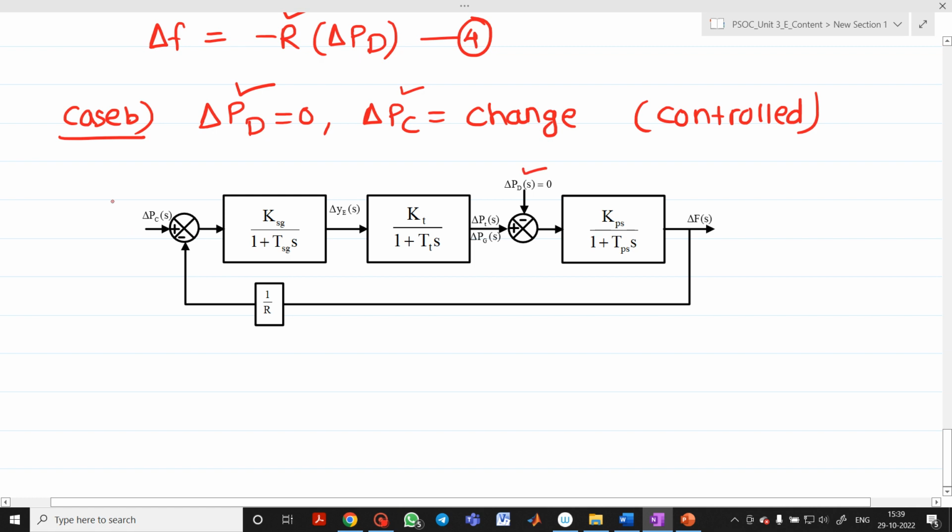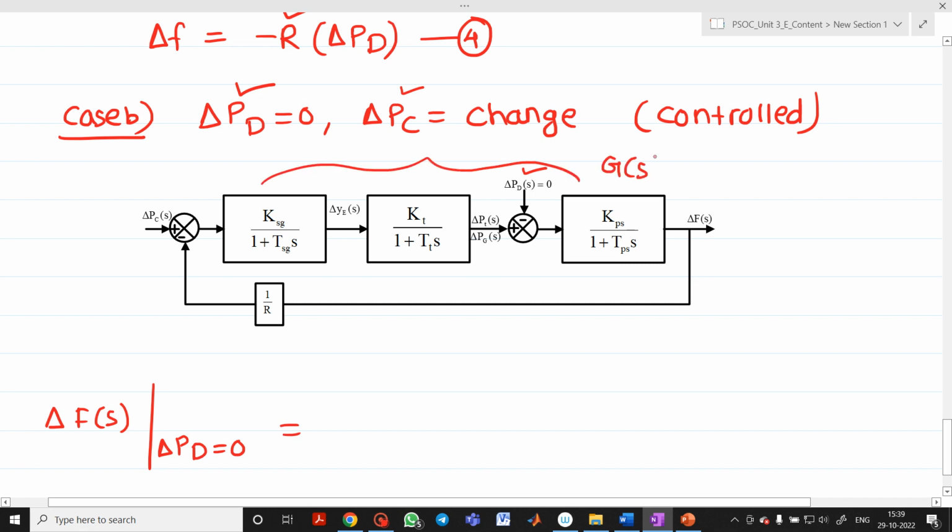How can we solve it? Again the same thing, delta f of s when delta PD equals 0. Here this total term is your G of s and this is your H of s.